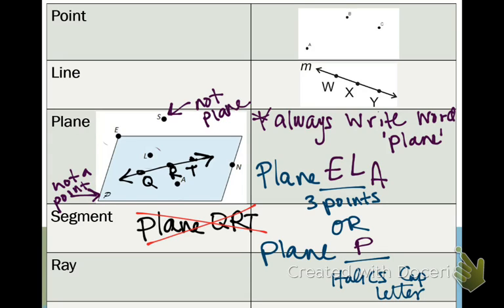You can't say plane TRQ. You can't say plane RQT. Reason being is they're collinear. So whenever you're naming a plane, you cannot use collinear points. You could say plane QRL, plane RTA, plane NTR, but you cannot use just the 3 collinear points.